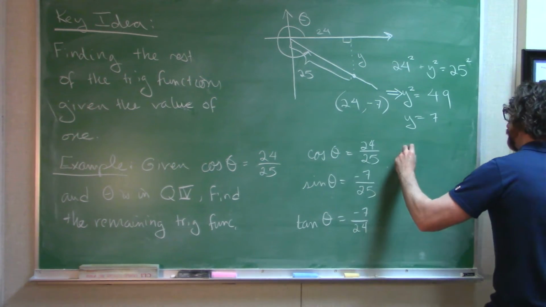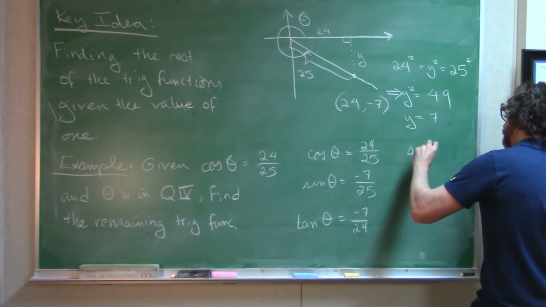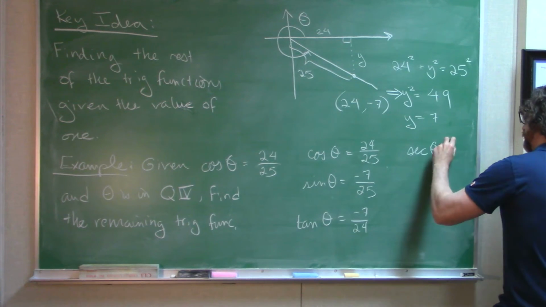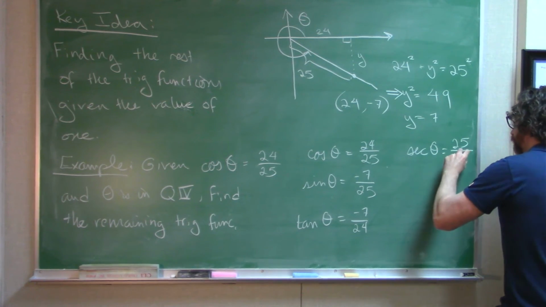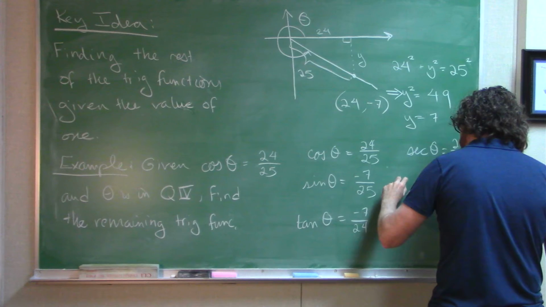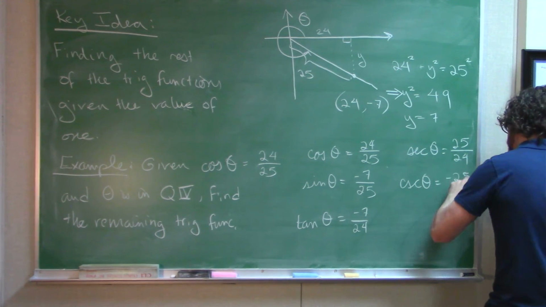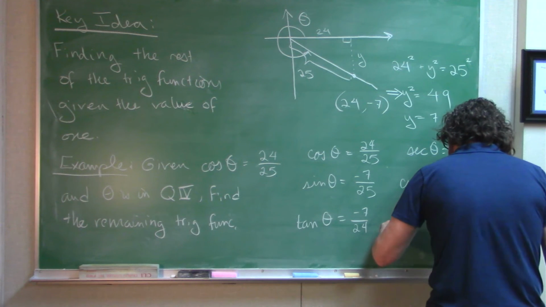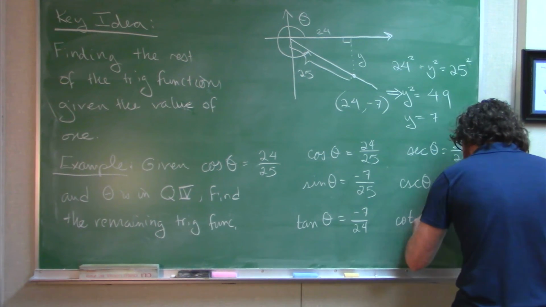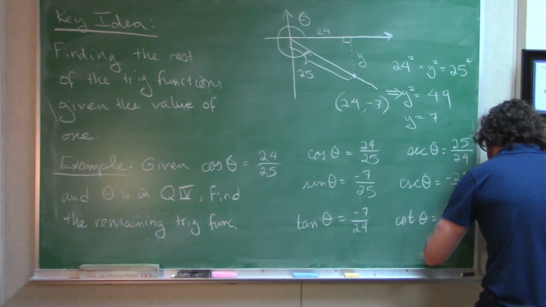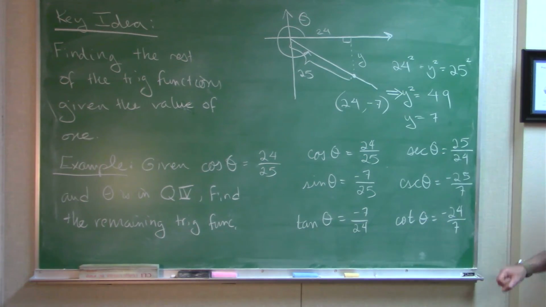Once we've got these, we can get the rest for free. Secant theta, 25 over 24. Cosecant theta, -25 over 7. Cotangent theta, -24 over 7.